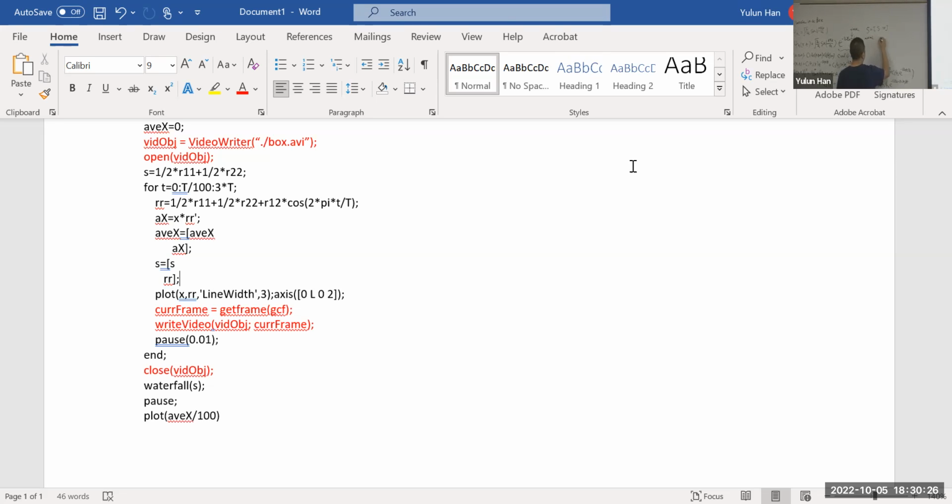Then R has that cosine 2 pi times time over the percentage of time that you've gone through. So that's how it has evolved over time. Then you multiply that by the initial state to get the state at that time, I believe.